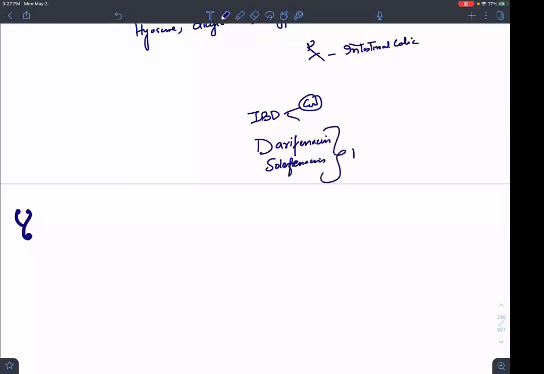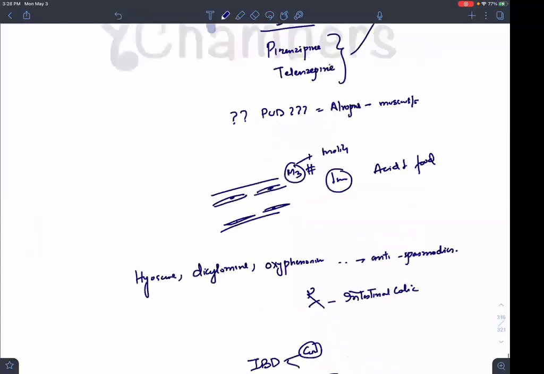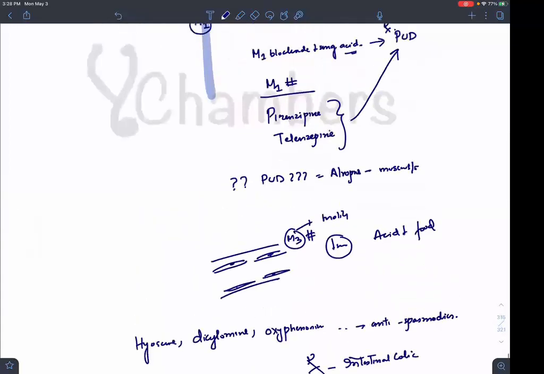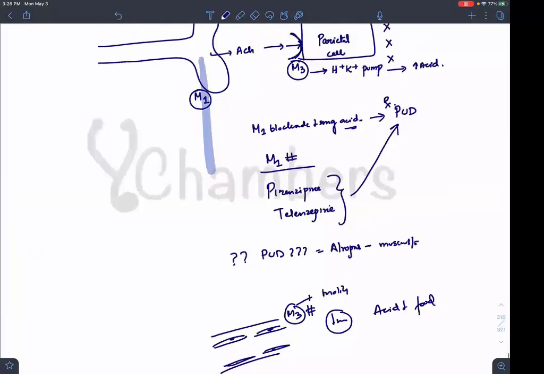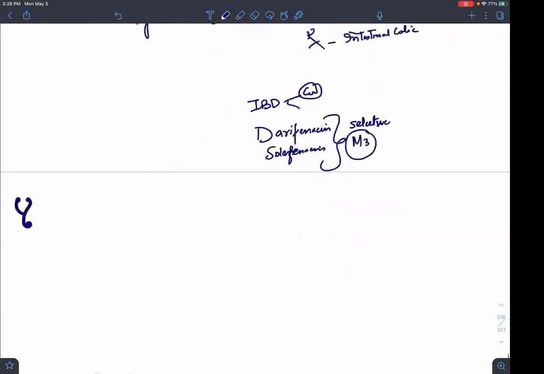They are blocking the M3. They are selective M3 blockers. Yes, this screen you want to see? Okay, it's pirenzepine, telenzepine. Now, M3 you have to block. So darifenacin and solifenacin are used in irritable bowel syndrome, and you can also use them in the bladder.